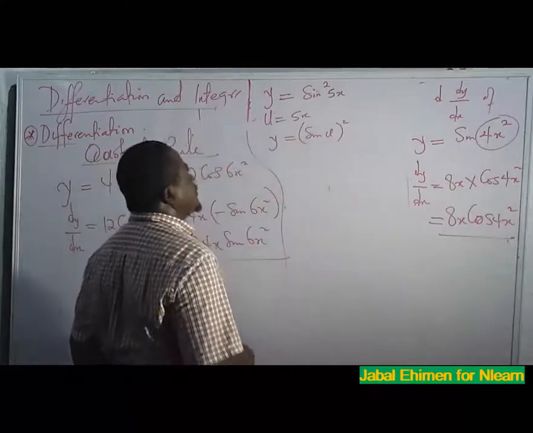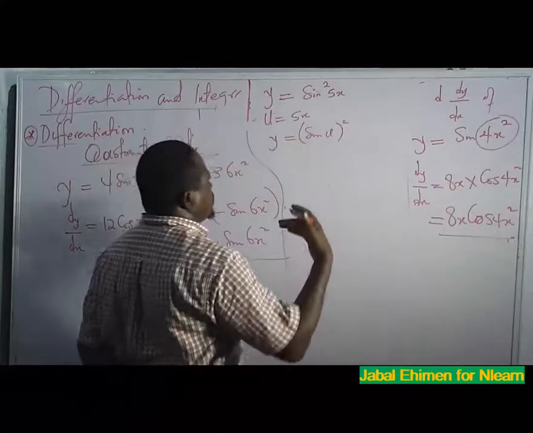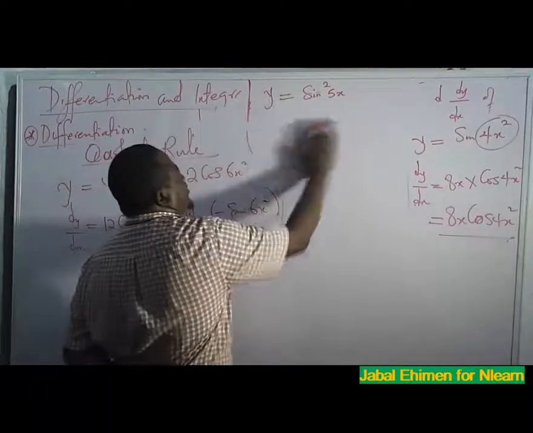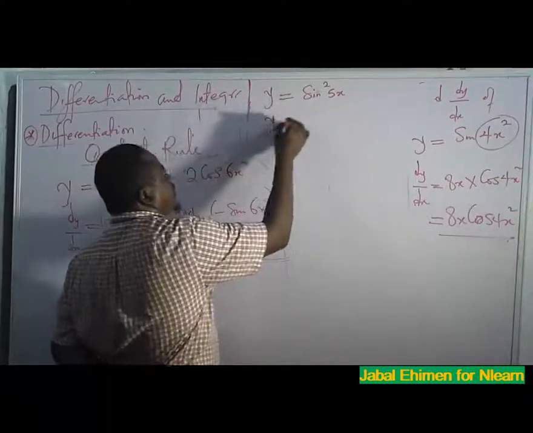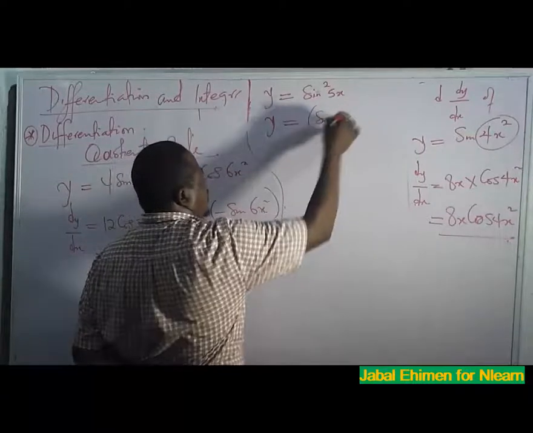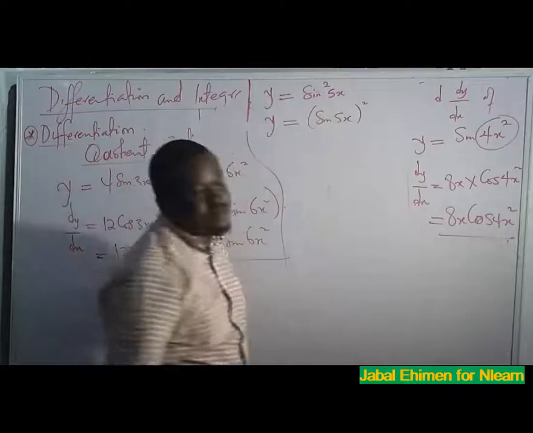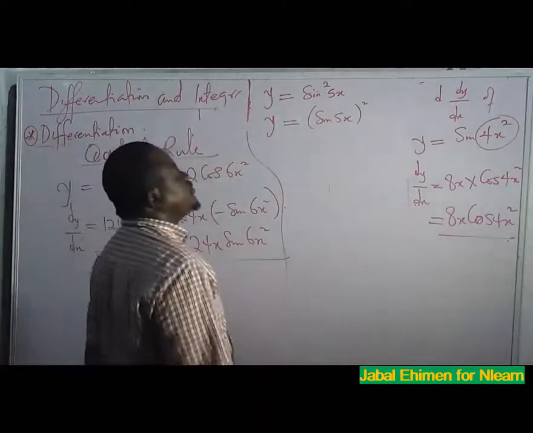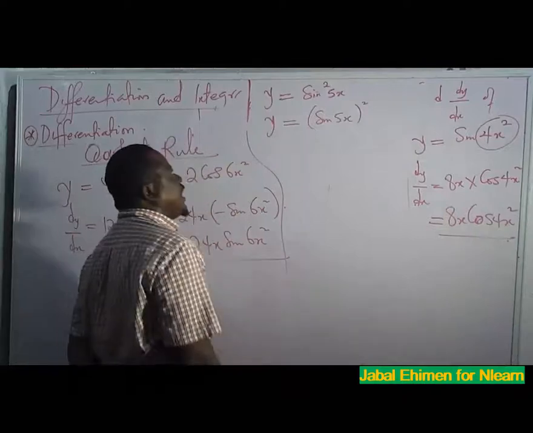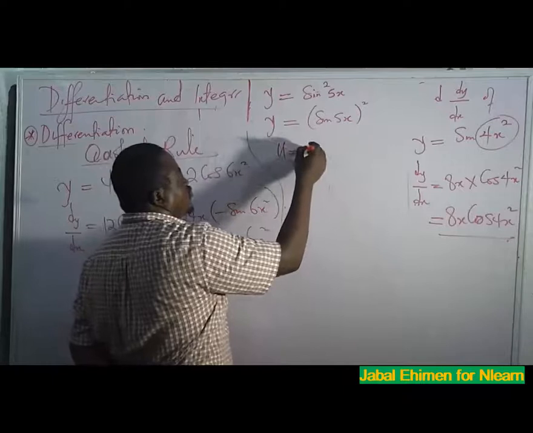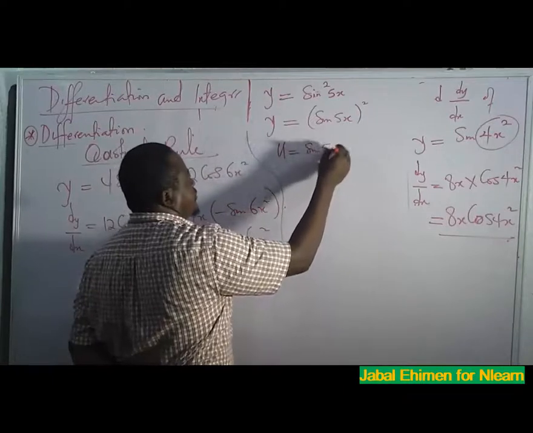It depends on if you want to write in a direct form. You can have y is sine 5x all squared. It's still the same thing. So you can now have u to be equal to sine 5x.